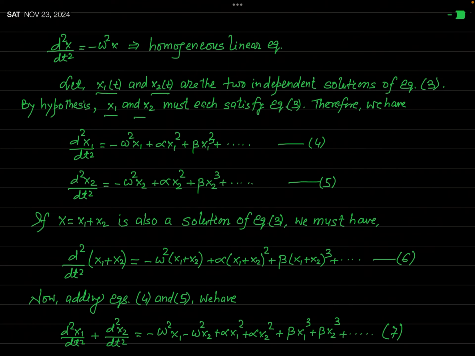So you can write d2x1 by dt square equal to minus omega square x1 plus alpha x1 square plus beta x1 cube and so on. Similarly, as x2 is also a solution of that very equation, x2 will also satisfy it, and therefore you can write d2x2 by dt square equal to minus omega square x2 plus alpha x2 square plus beta x2 cube plus so on.